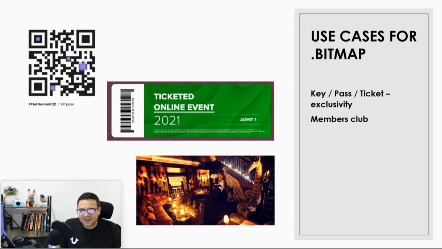Again, by it being a pass, it could be something that gives you access or rights to some sort of whitelisting event. So you can get someone's art, perhaps, earlier than others, gives you some sort of priority ranking over others that don't hold these bitmaps.